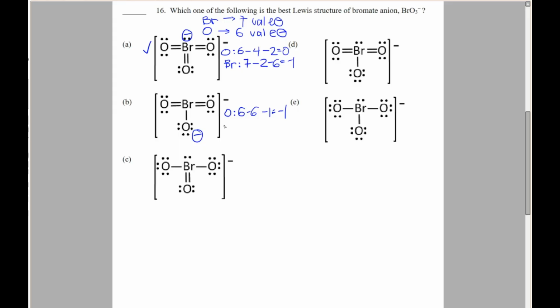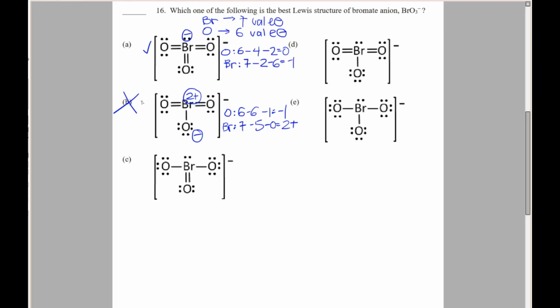And then for the bromine, we have 7 valence electrons. We have 5 bonds, and we have 0 lone pairs, so 0 non-bonding electrons. So this is going to be a 2+ charge. 2 minus 1 is going to be a +1 charge, and that does not match up with this -1 charge that we should have overall. So B can be eliminated as not our answer.